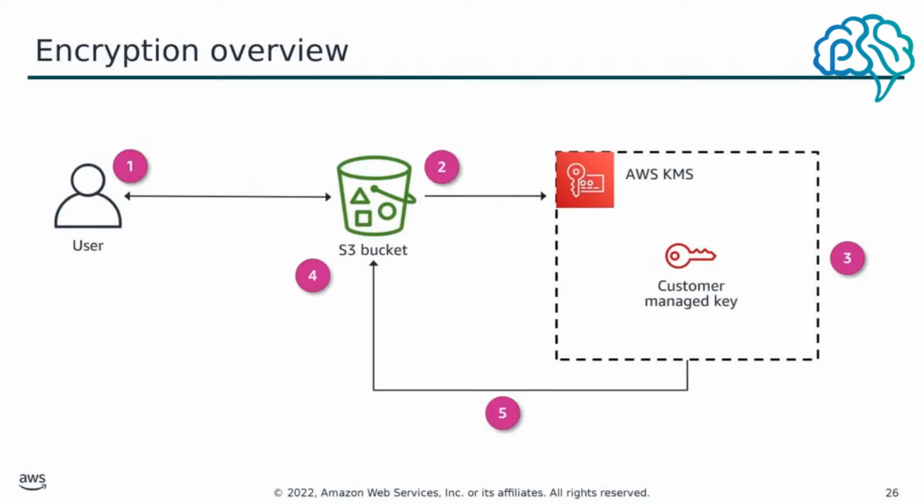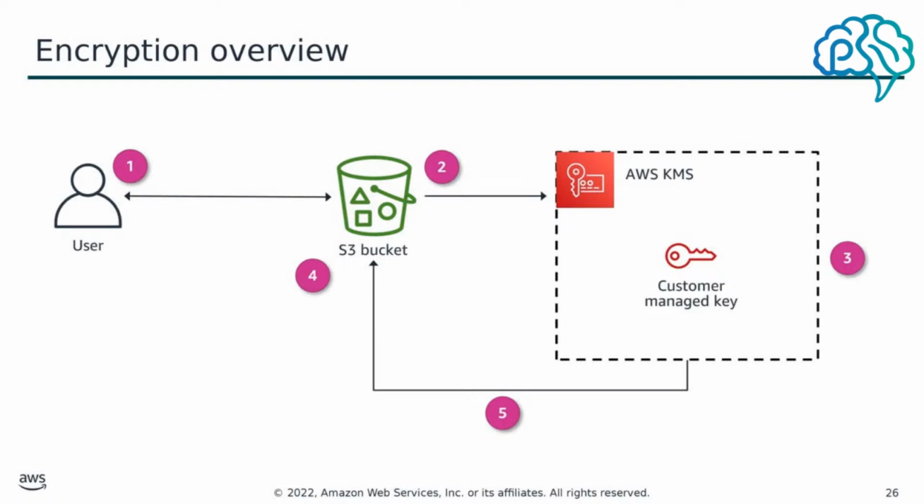All right, let's talk about encryption overview next here. In this particular diagram, you would upload a file and store it in an encrypted object in S3. Your Amazon S3 request then would grab the data from AWS KMS to use the ability to encrypt it, and then KMS would provide a plain text data key and encrypt the data by using the customer managed key.